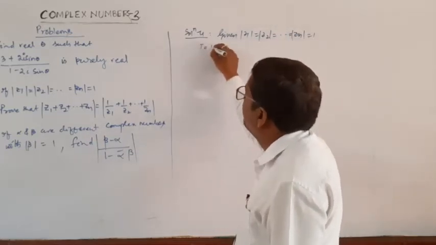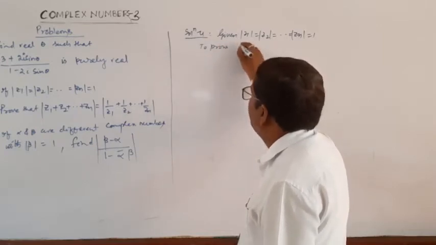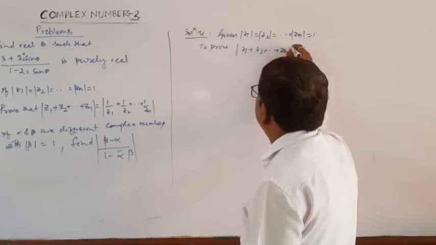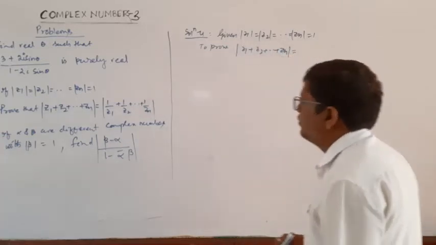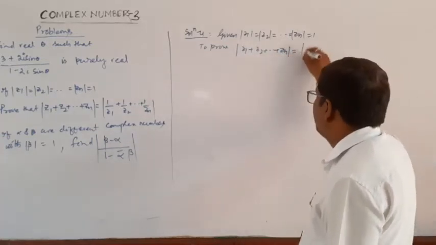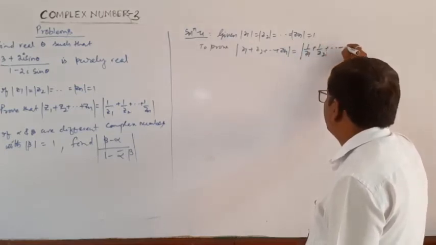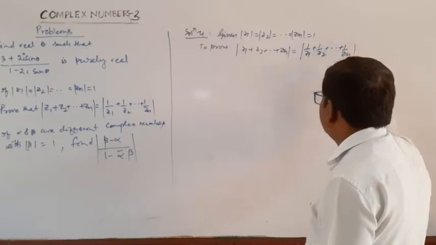To prove: |z1 + z2 + ... + zn| is equal to |1/z1 + 1/z2 + ... + 1/zn|.